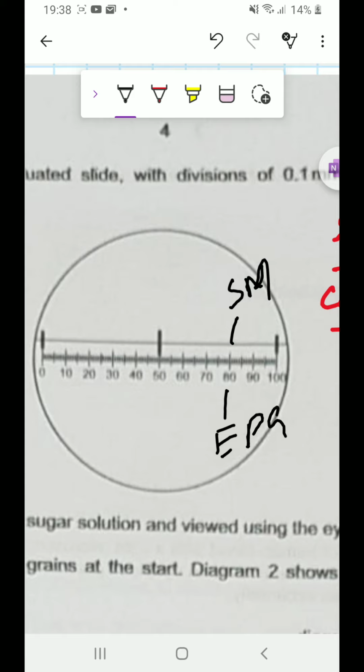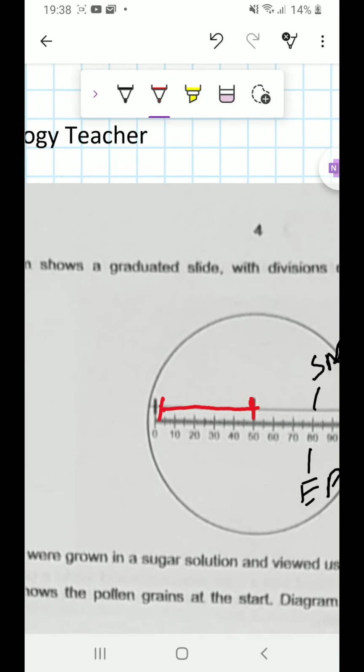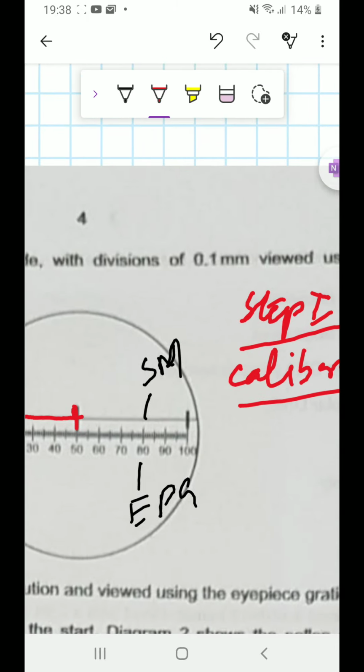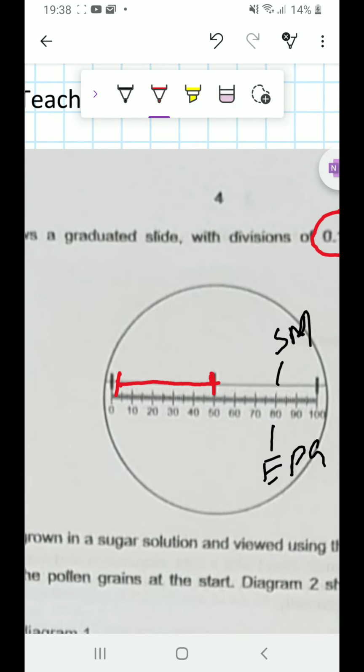One division of SM, which is from here to here, is one division of SM. The length of one division of SM will be given in the question or will be printed on the slide. In this case, one division of SM is given in your question, and it is 0.1 mm.